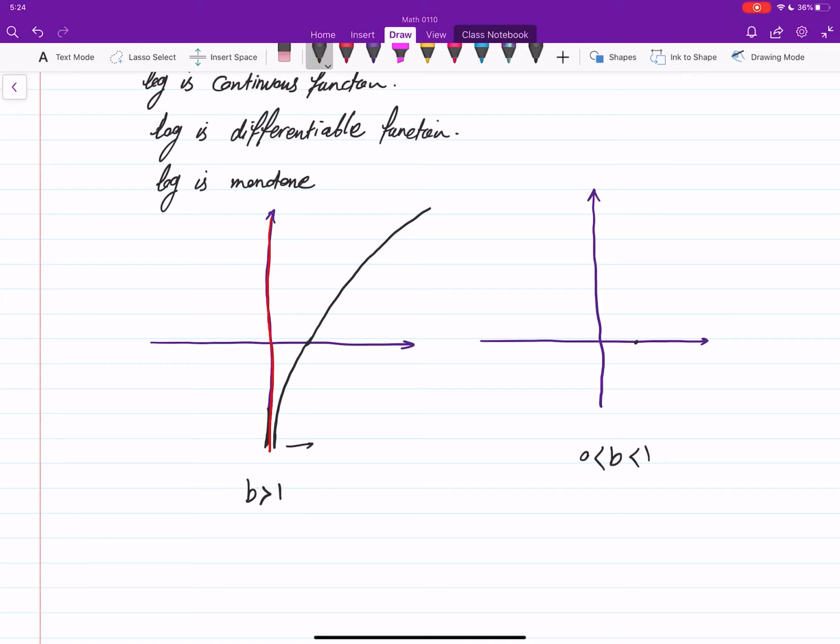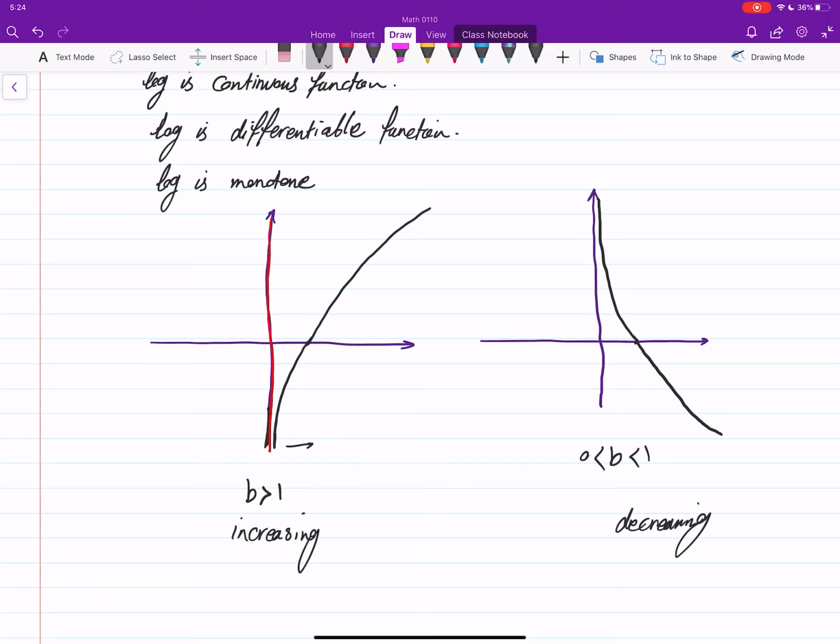And for b less than 1, we have the other way around. So it is going to be decreasing. So let me write here decreasing. This is increasing.